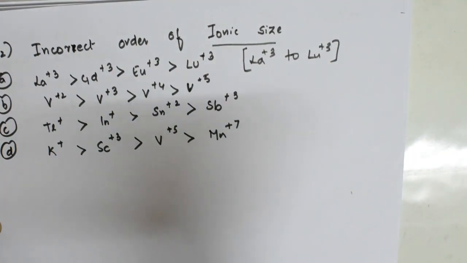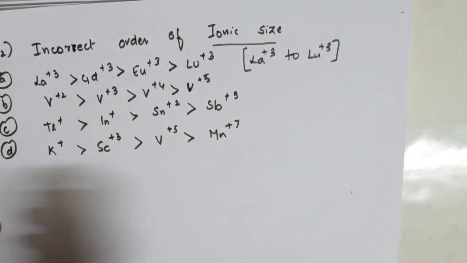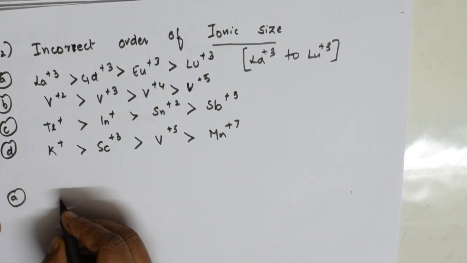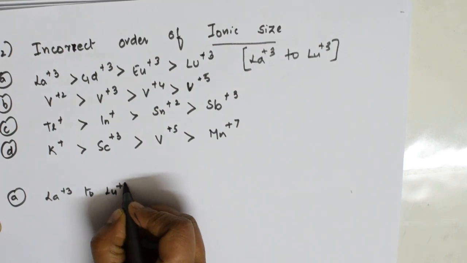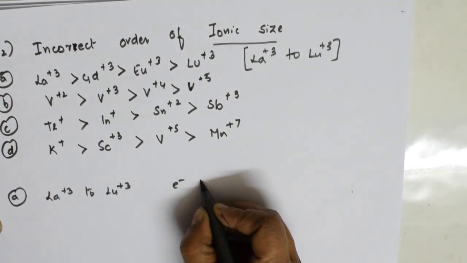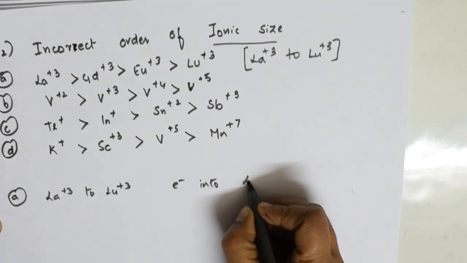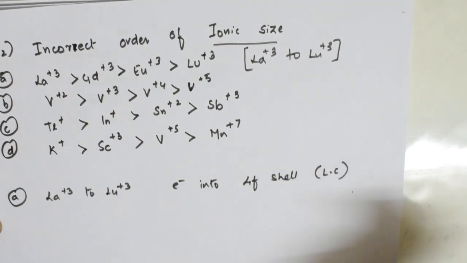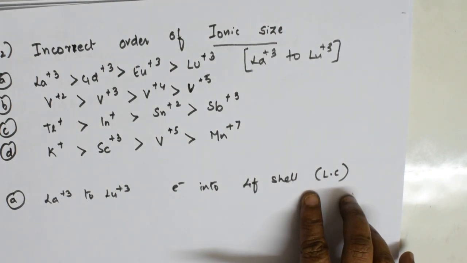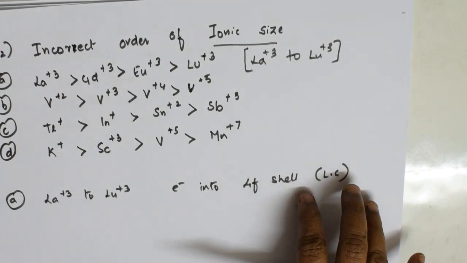Always, where are the electrons entering? Electrons enter the 4f subshell. So this is where you find the lanthanide contraction, isn't it? So due to lanthanide contraction, the size decreases.